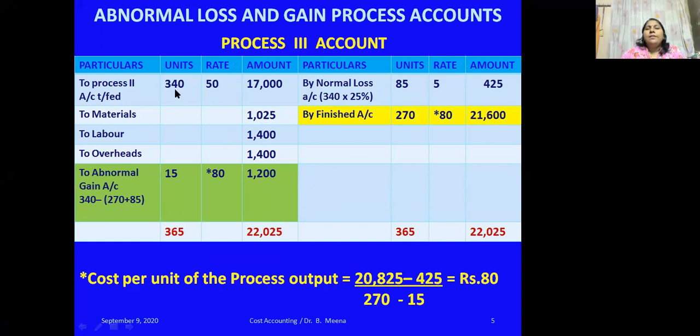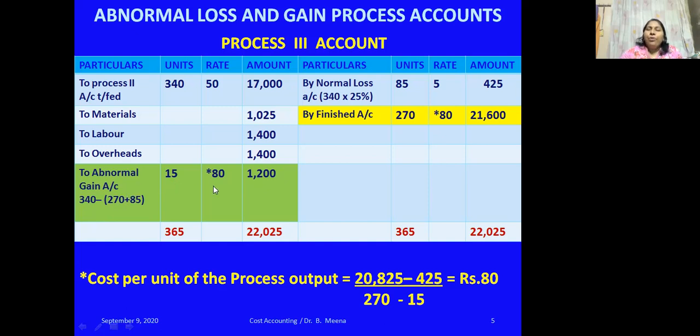So 340 is the input. Out of this input, 85 is the normal loss, 270 is the output, so what is my abnormal gain? 15. Okay, because I'm getting 355. So 270 plus 85 is 355. So 355 minus 340, that is the abnormal gain.